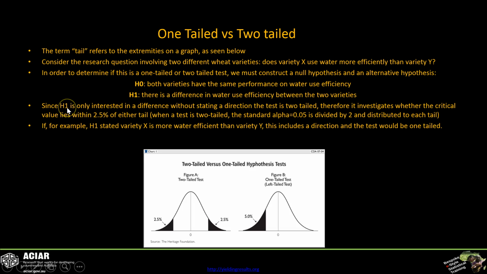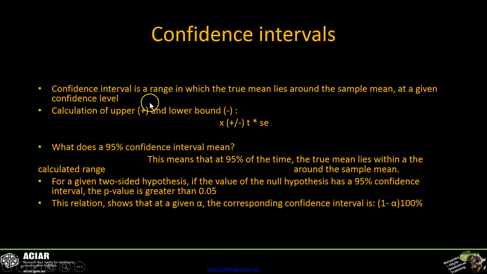Since the alternate H1 is only interested in a difference without stating a direction, the test is two-tailed. Therefore, it investigates whether the critical value lies within 2.5% of either tail. When a t-test is two-tailed, the standard alpha 0.05 is divided by 2 and distributed to each tail. If, for example, H1 stated variety X is more water efficient than variety Y, this includes a direction, and the test would be one-tailed.